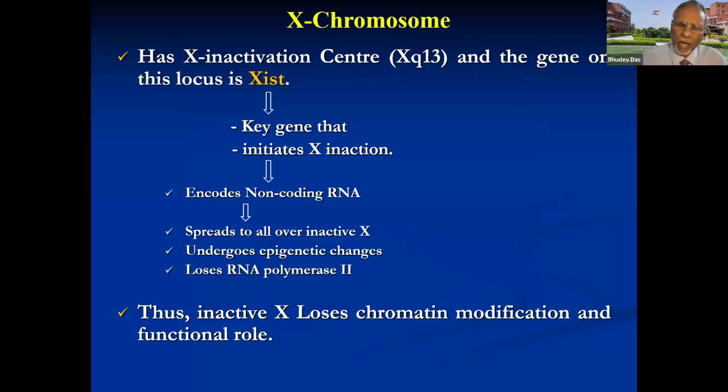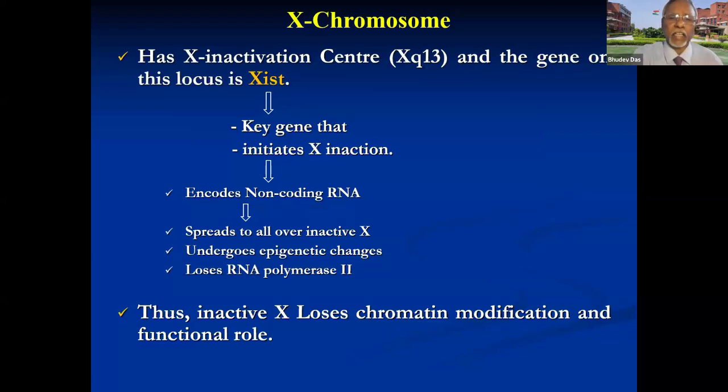But in humans, in males it is XY, in females it is XX. So nature has done this so that you cannot have a double dose of genes in the female, otherwise they will be super females. So nature has inactivation. The Xq13 region is the X inactivation region. It is called XIC.